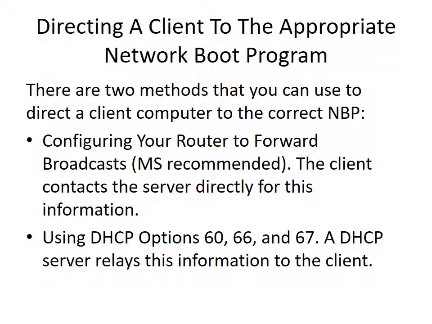The other option is to use DHCP options 60, 66, and 67. When the client requests an IP address from the DHCP server, the DHCP server will relay these options to the client, and then the client will be able to boot from the correct network boot program.